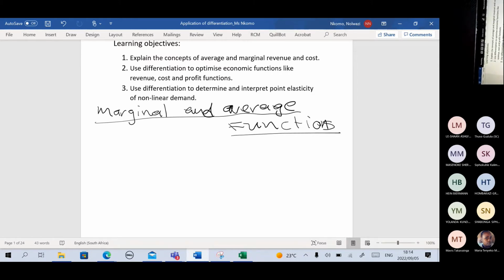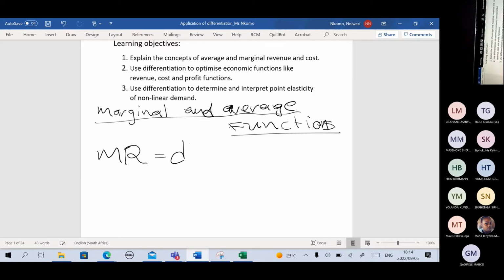Meaning if we differentiate, the marginal revenue is the derivative of the total revenue with respect to Q, which is the output.